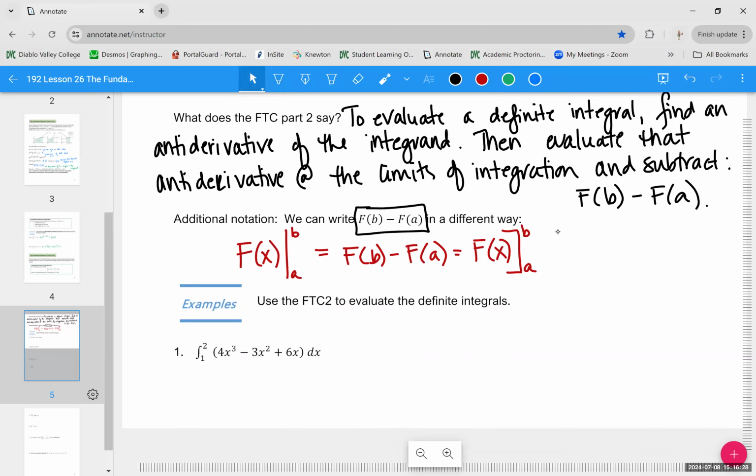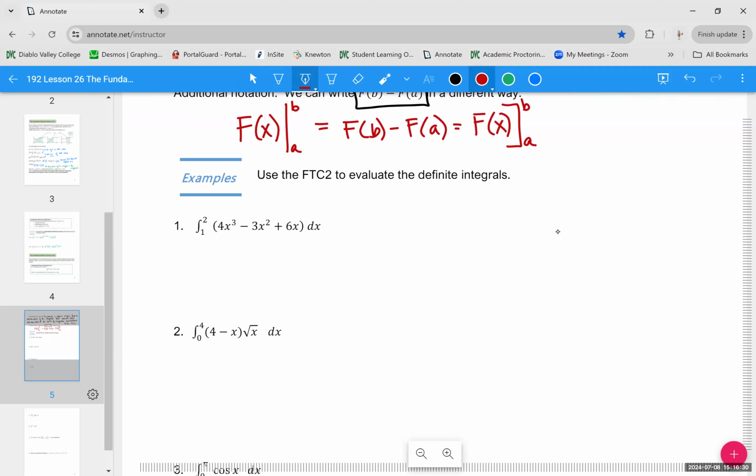So we're going to apply this fundamental theorem, and we're going to evaluate these integrals without having to do limits of Riemann sums. Yay! The first thing we're going to do is take an antiderivative of this polynomial, term by term. We have x to the fourth minus x to the third plus 3x squared. Now, in general, when we do an antiderivative, what would we need to add right there?